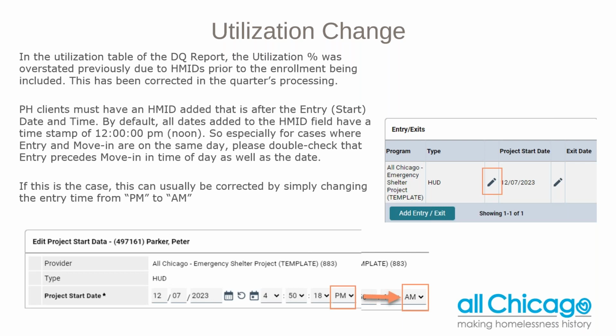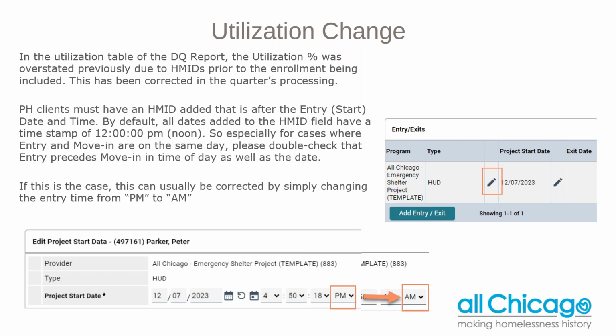An example: if I have a client that enrolled in my project December 7th of 2023 at 4:50 p.m. and they also got housed in my project on the same day, the housing move-in date I would have put in would have been December 7th, 2023, and by default it would have gotten the 12 p.m. noon timestamp. So in the system, it would appear that the housing move-in date occurred prior to the client being enrolled in your project.